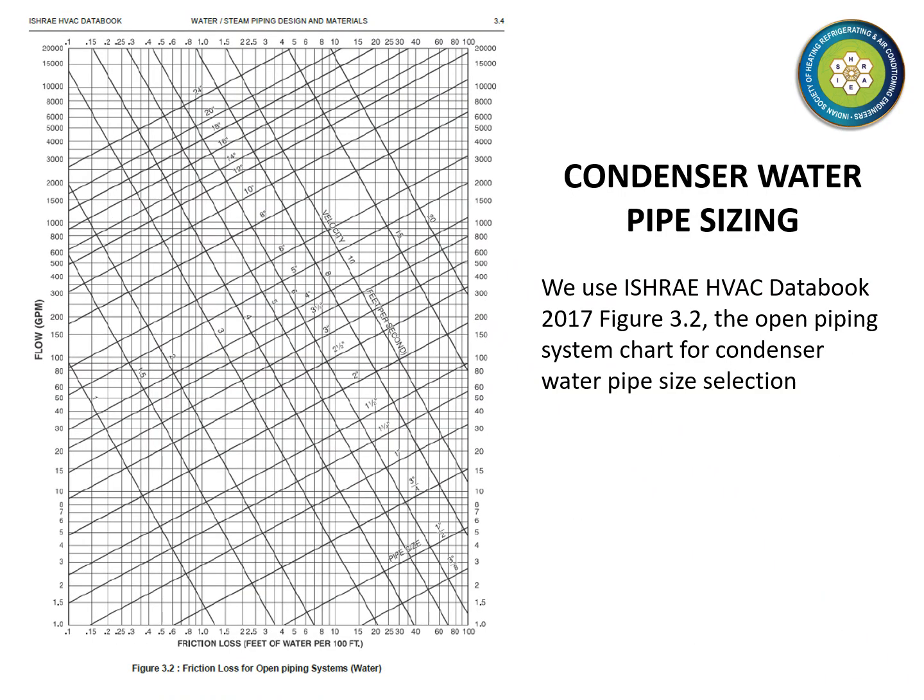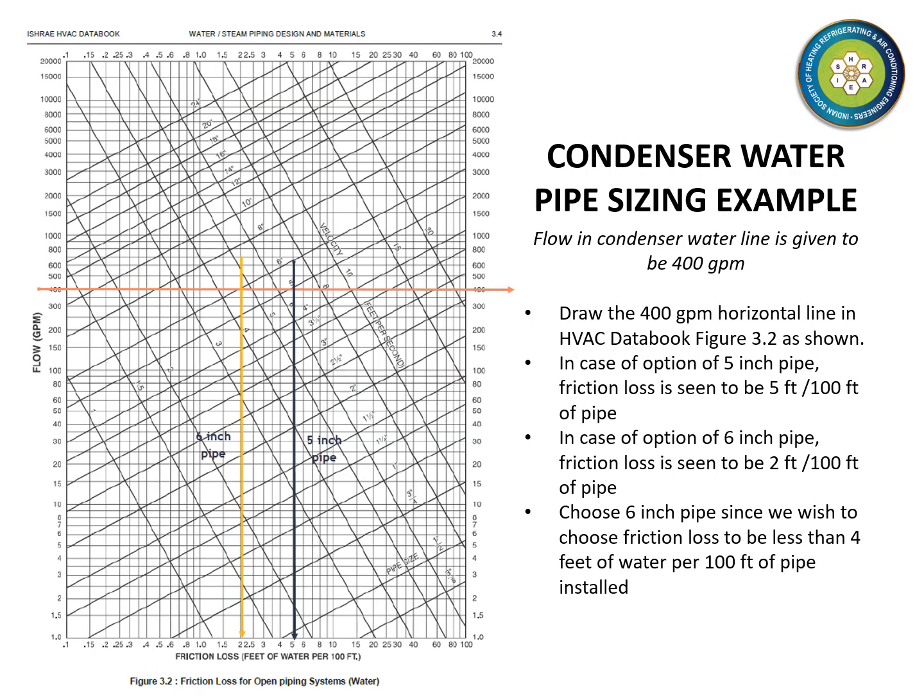When it comes to the condenser water pipe sizing, we should use the open piping system chart, that is HVAC Databook 2017 figure 3.2. Let us now take up a condenser water line example in which a flow of 400 GPM is required.